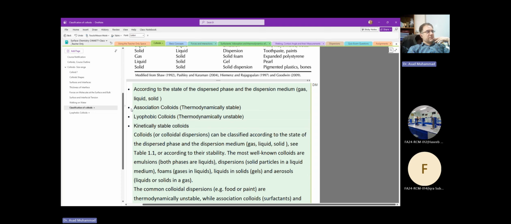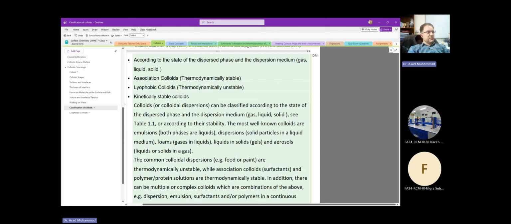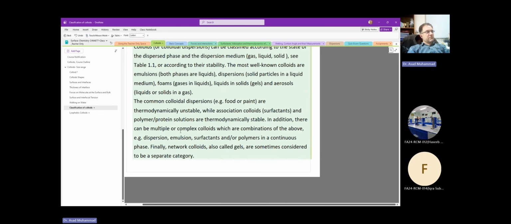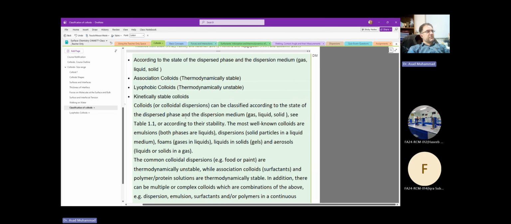We also have association colloids, which are thermodynamically stable. We have lyophobic colloids, which are thermodynamically unstable. Then we have kinetically stable colloids, in which we have metastable states. And we also saw that Faraday's colloid is basically an example of a kinetically stable colloid, where we input energy and make them stable.